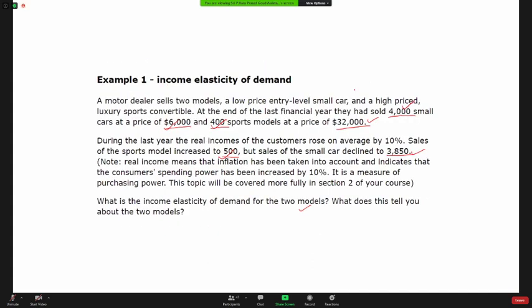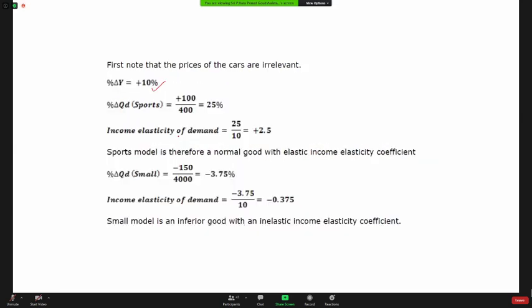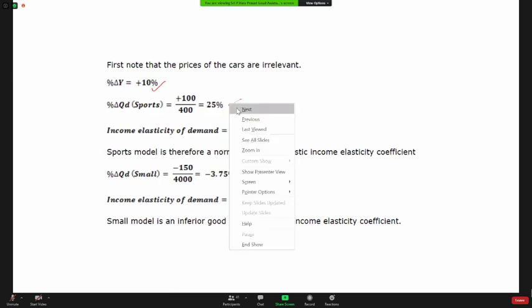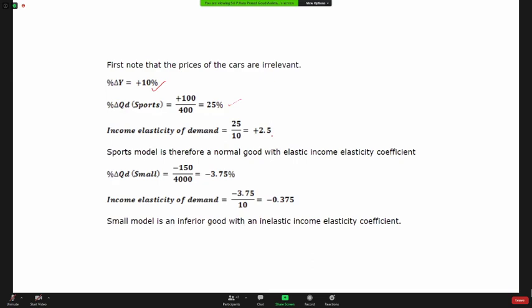You can see here the income of the consumers rose on average by 10%. So first we'll calculate income elasticity of demand. When you calculate this for the sports car, you get an elasticity of 2.5.